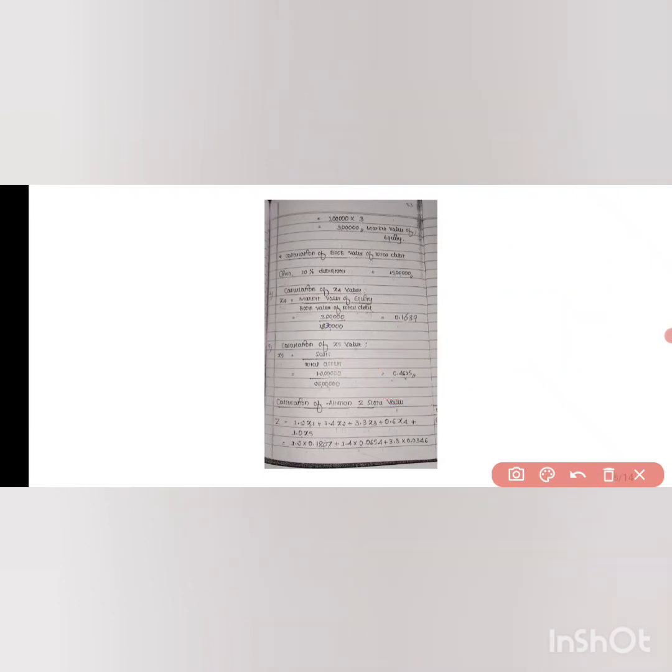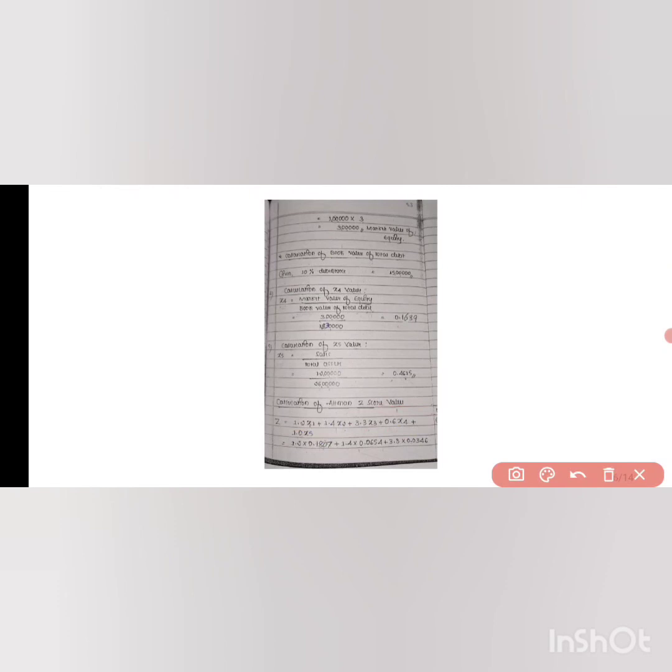After calculating all these financial ratios, we now have to calculate the z-score value. The z-score formula is 1.2 X1 plus 1.4 X2 plus 3.3 X3 plus 0.6 X4 plus 1.0 X5, right? This is the formula. What we have to do next is put in the values which we have just calculated, X1, X2, X3.